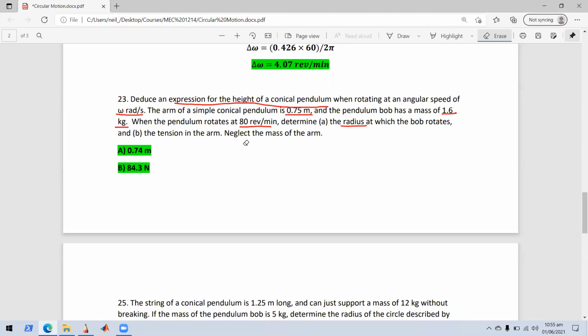At 0.74 meters for the radius, right? Yeah, use Pythagoras theorem. Good. And 84.3. I got 3.94. Seems close enough.